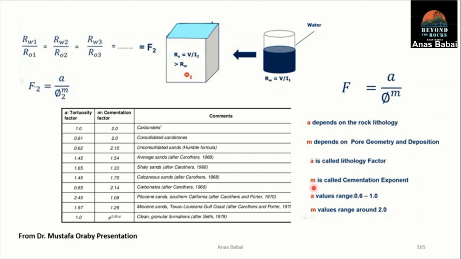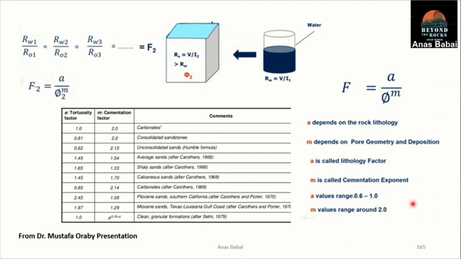So this is m, and the values of A and m have a range depending on the type of the lithology. A ranges from 0.6 to 1, and m is around 2. You can see that for different lithologies we have different values here, for example 1.29 and 1.082.